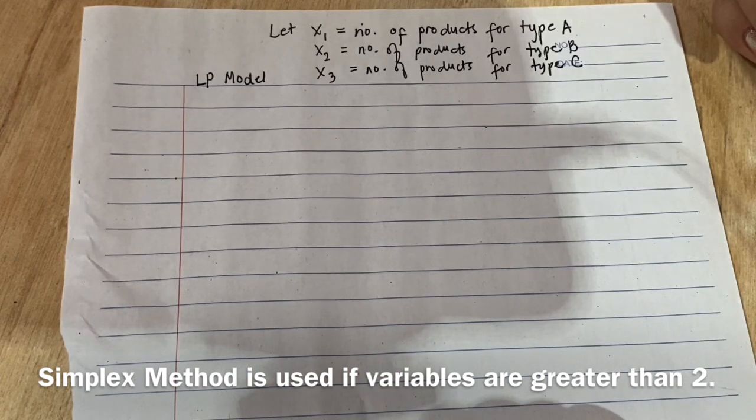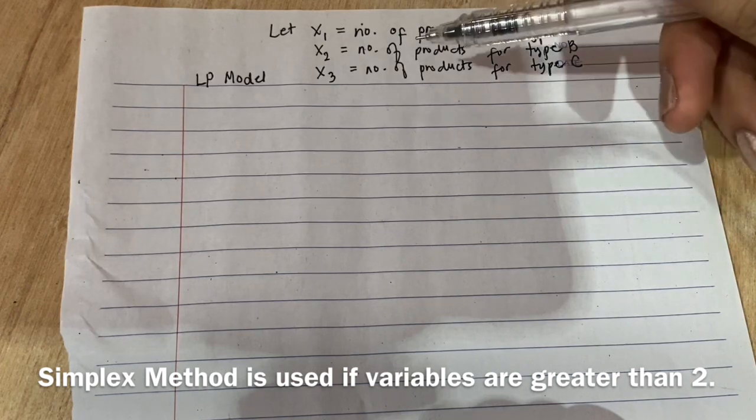If the variables are only 2, then we can use graphical because we can have x and y axes. But for more than 2 variables, simplex is the most ideal, although simplex can still be used for a problem with only 2 variables.